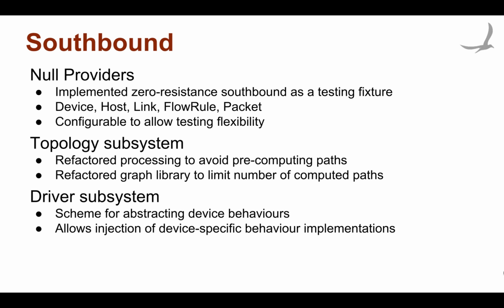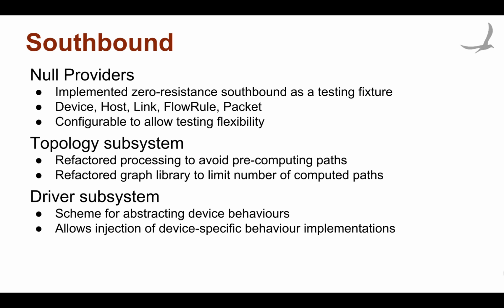So, not much has been done more than what was done in the previous sprint. We've provided null providers to give you zero-resistance southbound for testing. They're available for all the southbound subsystems, and they're also configurable to allow you to provision a network that you'd like to have.